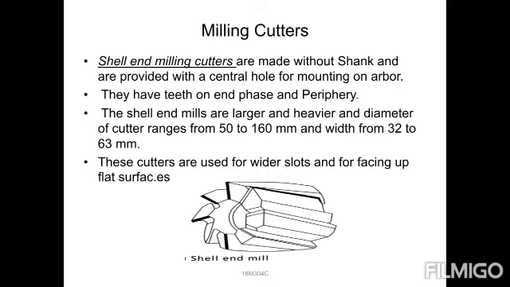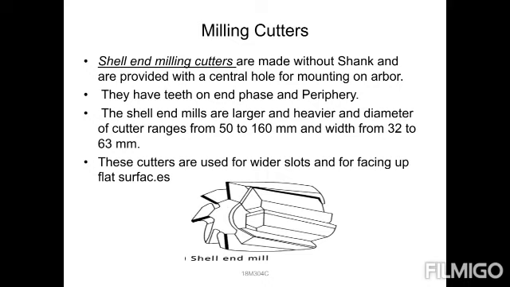The shell end mills are larger and heavier. Because the width of the cutter is more, the cutter diameter ranges from 50 to 160 mm, and the width from 32 to 63 mm, the width of the teeth.